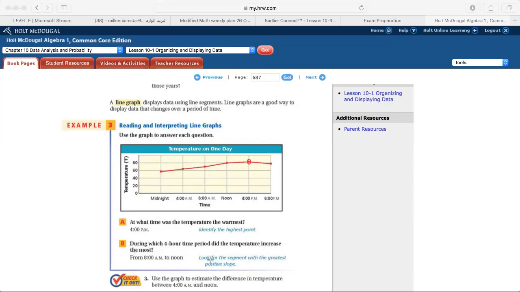They told you to look for the segment with the greatest positive slope. Look for the line that is moving up, the greatest slope. So which one? From where to where?